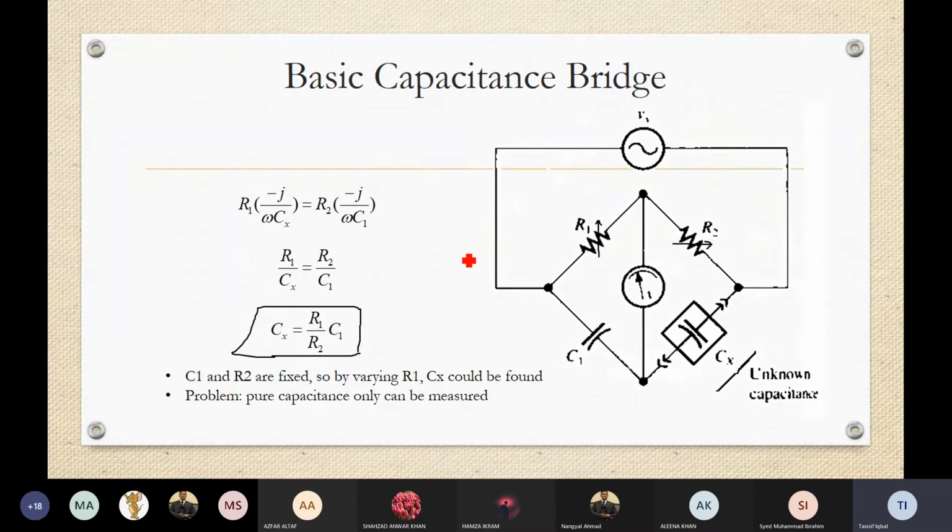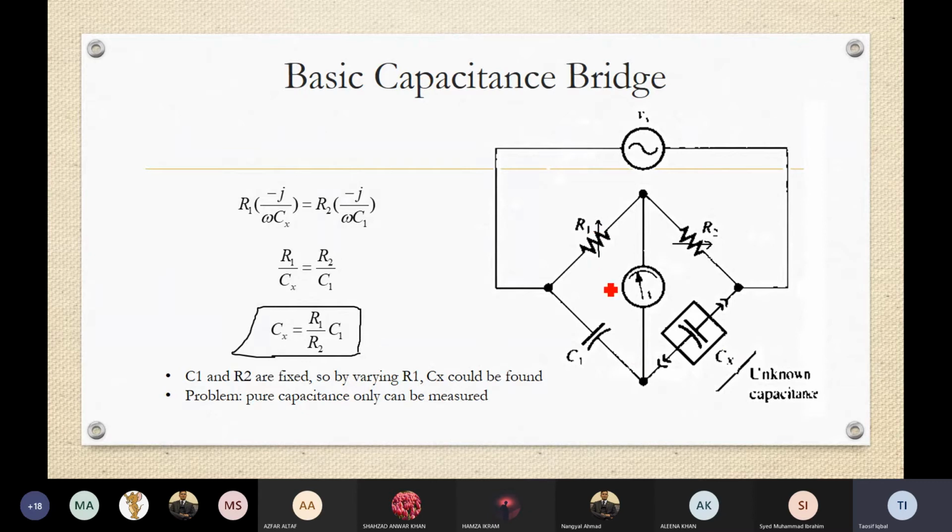So let's now find out the unknown capacitance using a capacitance bridge. So what is this capacitance bridge? Basically, we have an AC supply, and with this AC supply, we have variable resistances R1 and R2, both are variable, and then C1 is a fixed value, and whereas the unknown Cx is also a fixed value.